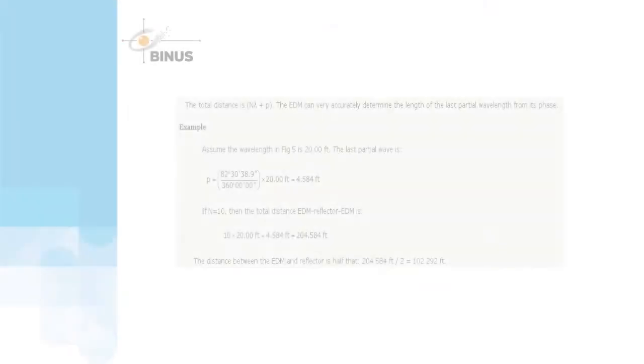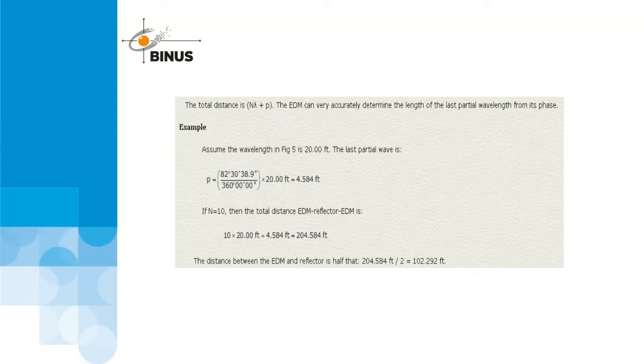In the example earlier, it is assumed that one full wavelength is 20 feet. The last partial wavelength is read on the transmitter with the value of 82 degrees, 30 minutes, 38 seconds.